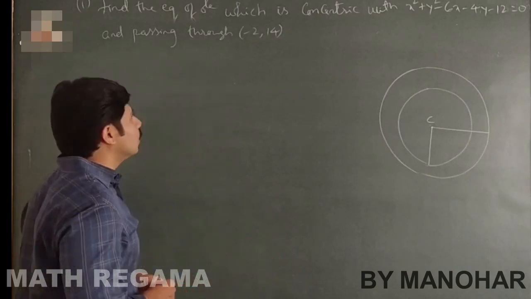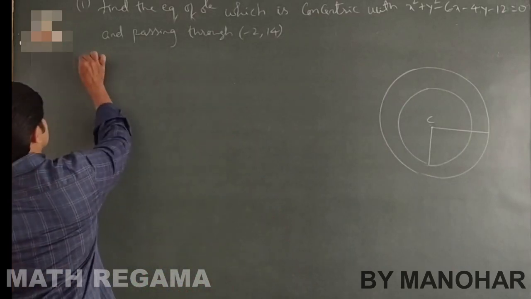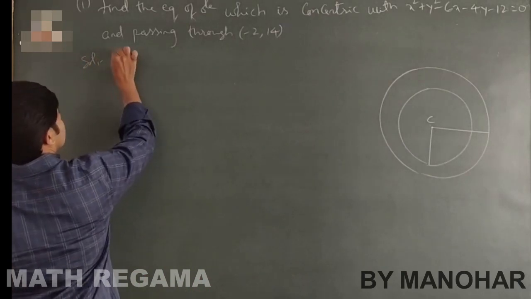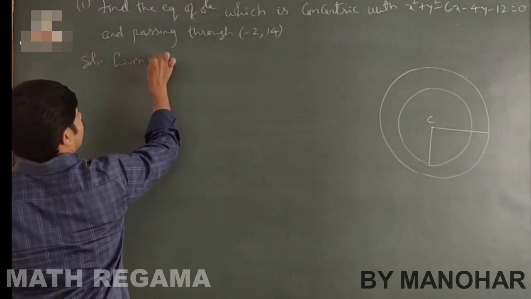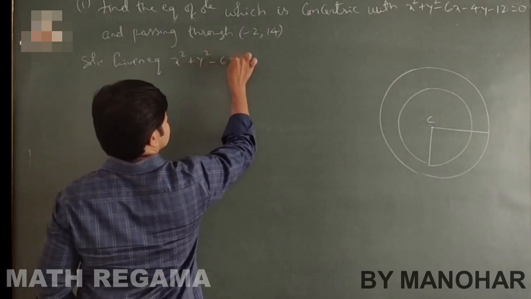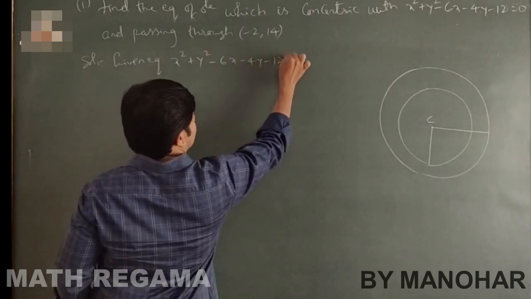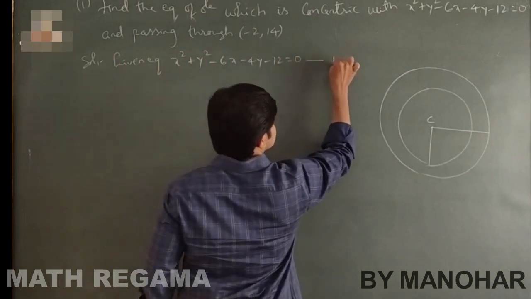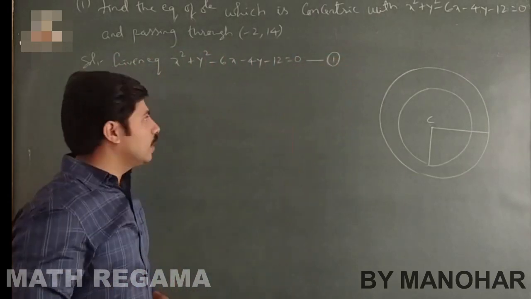So here, first we write the given equation. X square plus y square minus 6x minus 4y minus 12 is equal to 0 as equation 1.